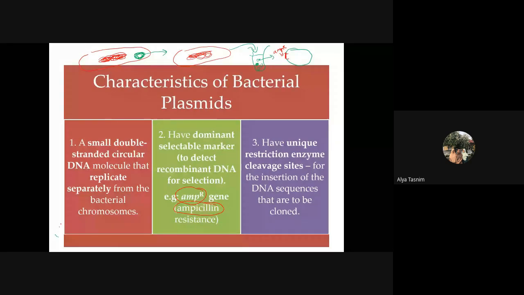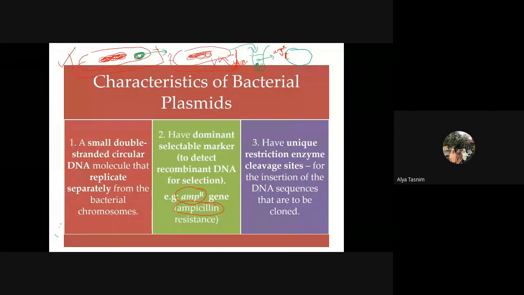Kalau bacteria tu has no plasmid, when you grow the bacteria inside a petri dish that has ampicillin, this will cause the bacteria to die. But when you grow bacteria that has the plasmid in a medium that contains ampicillin, this bacteria will be able to survive, because it has the plasmid that has the ampicillin resistant gene.